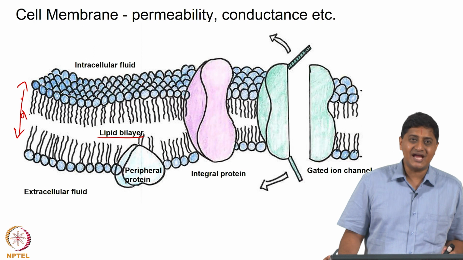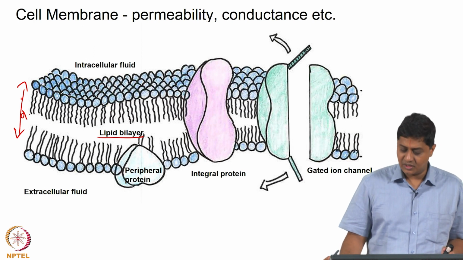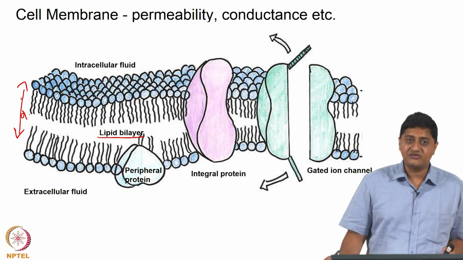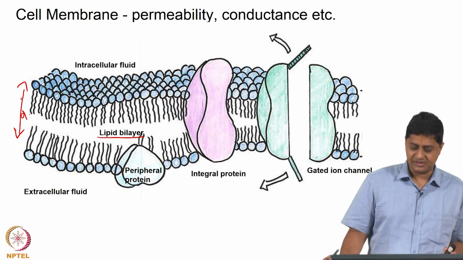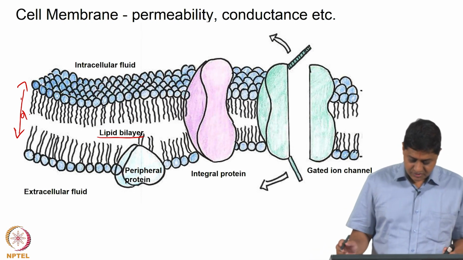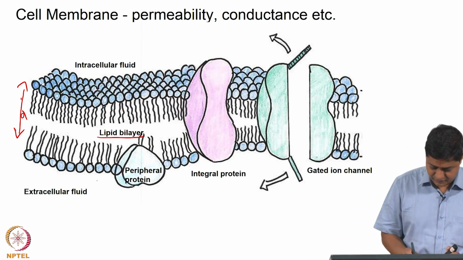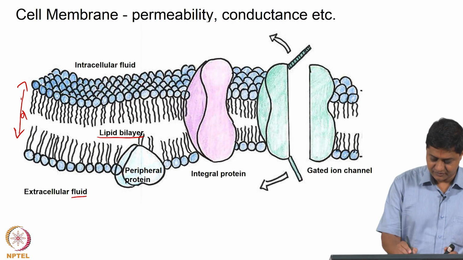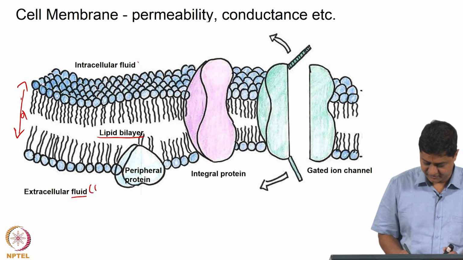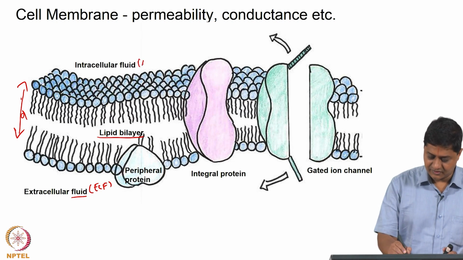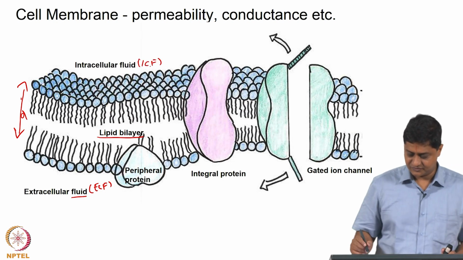So, it has channels through which it can allow transport of solutes. In this case we are interested in transport of ions from one side of the membrane to the other side of the membrane in particular. So, there is extracellular fluid on this side, briefly called the ECF, and this is the intracellular fluid, the ICF.